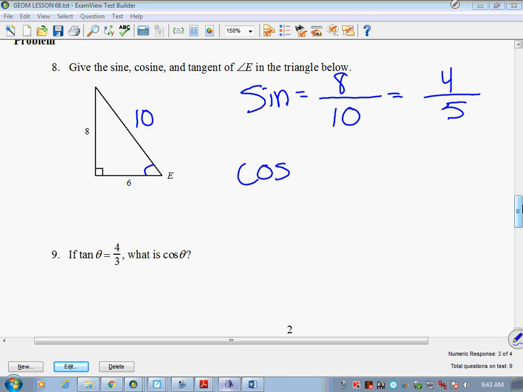Cosine. What is cosine, class? Adjacent over hypotenuse. Erin, what is adjacent to angle E? What? So it is both. What is hypotenuse, class? No? Well, yes, it is. But what is the definition of hypotenuse? Not the longest.